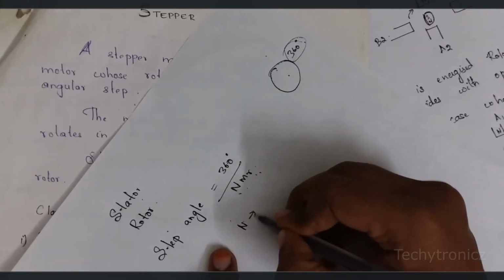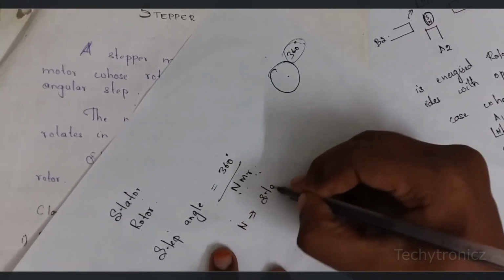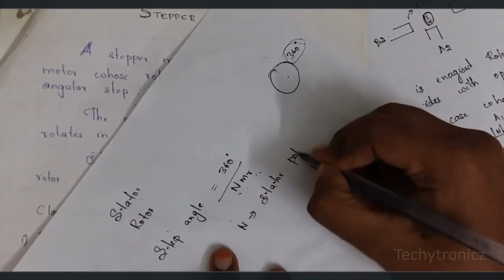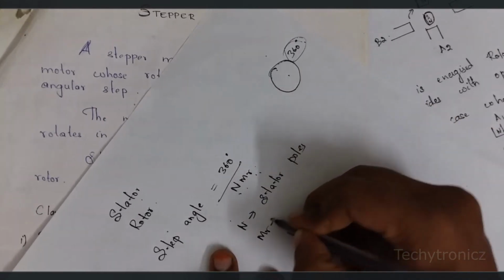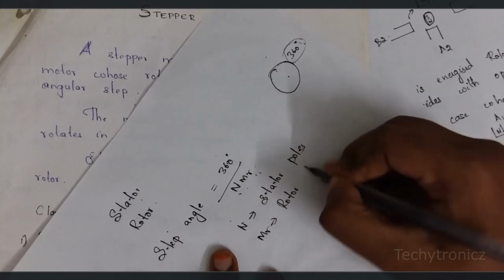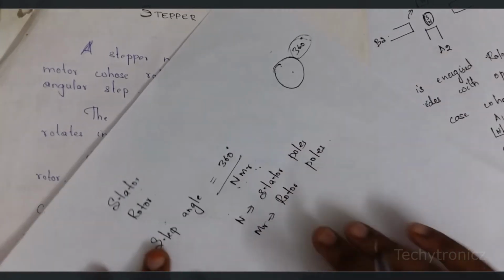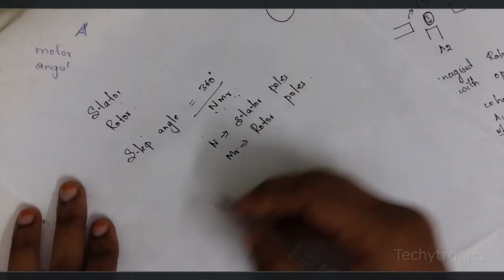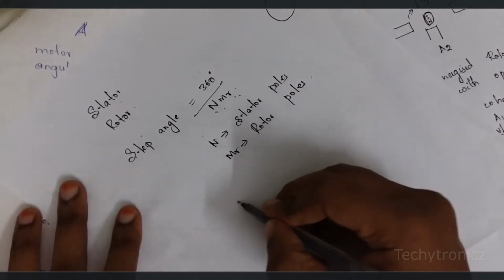N means the number of stator poles, and MR means the rotor poles.